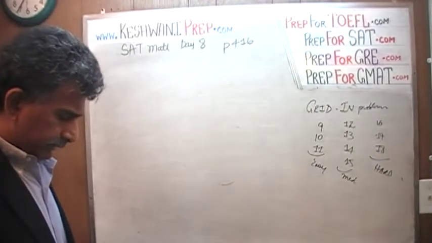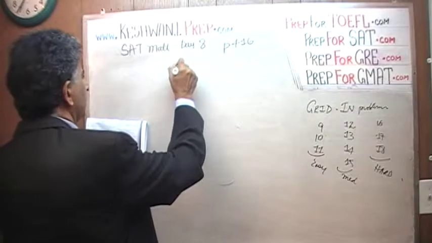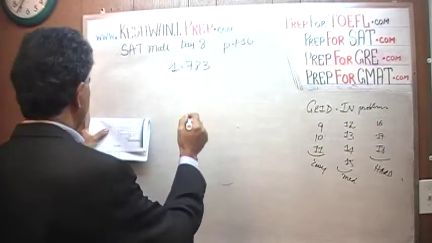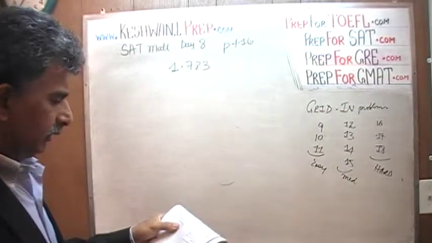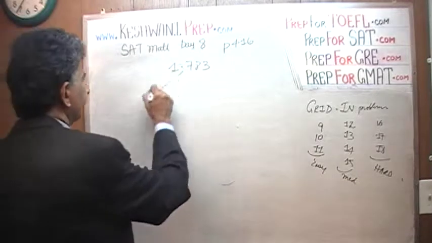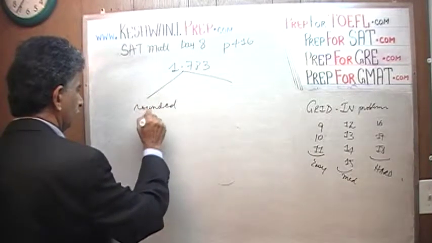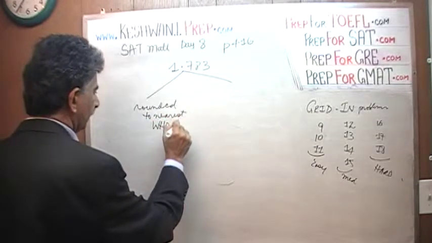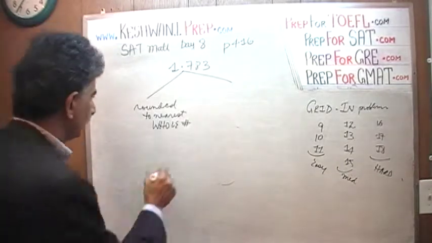Next one, number 10. When 1.783 is rounded to the nearest whole number, the result is how much greater than when it is rounded to the nearest tenth? When it's rounded to the nearest whole number, the nearest whole number to 1.7 is 2.